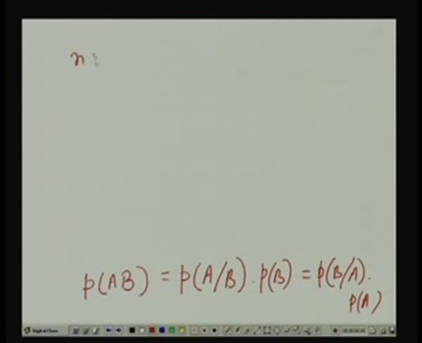Suppose N is the total number of trials, out of which we are observing outcomes or events from S1 and S2 simultaneously, parallelly.